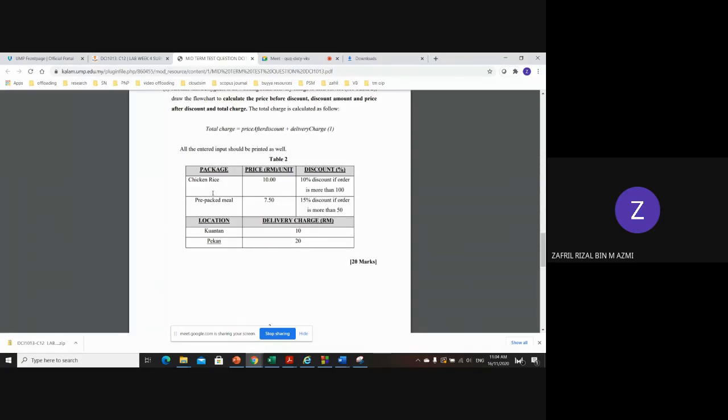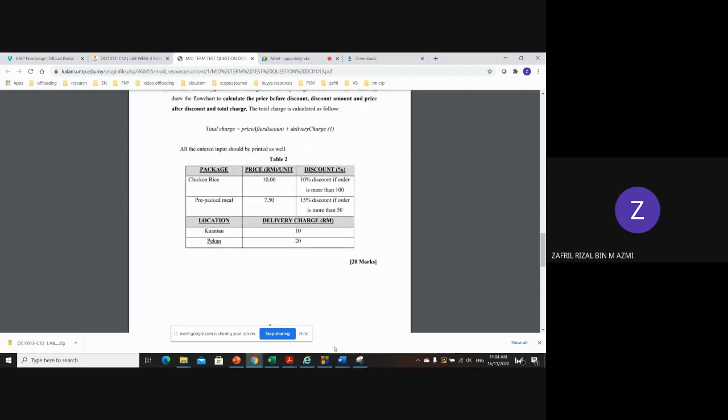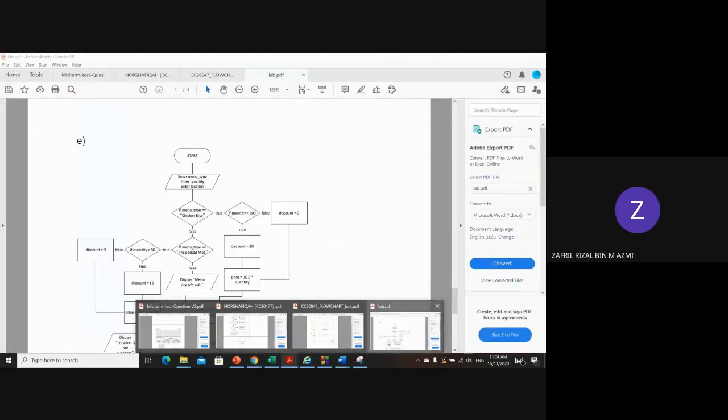If two conditions, the number of decision symbols that we need to use is how many? 2? 2 is wrong. 2 minus 1. 1. So the number of decision symbols that we need to use is 1. Right? Correct? You understand, class? Yes. Please understand.